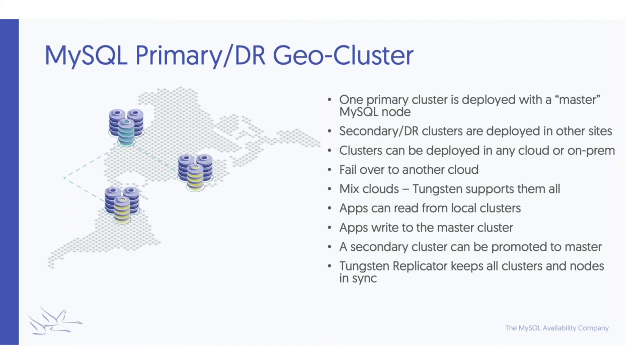Again, powering this is Tungsten Replicator that keeps all the databases in sync, and then the Tungsten connector writes to the single master in the cluster, and it can optionally read from its local slaves. So that's how we give users this great user experience, by reading from its local slaves.